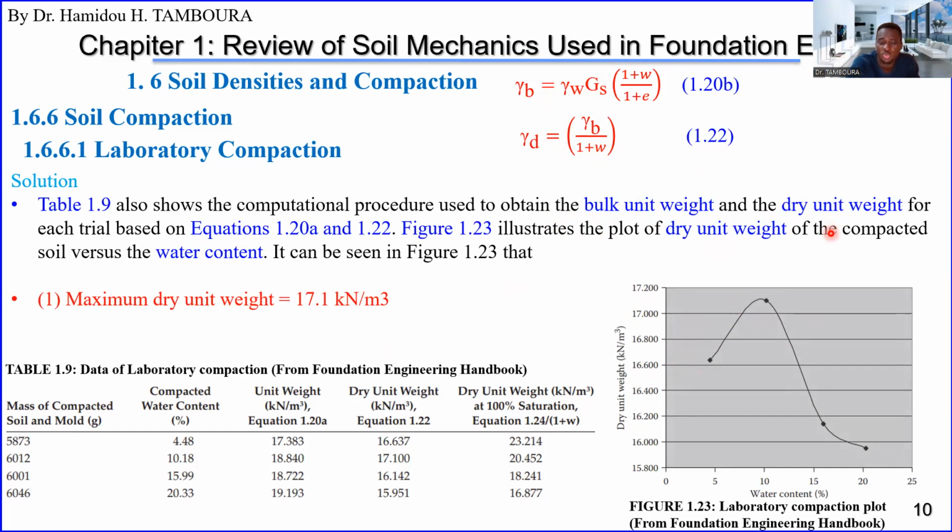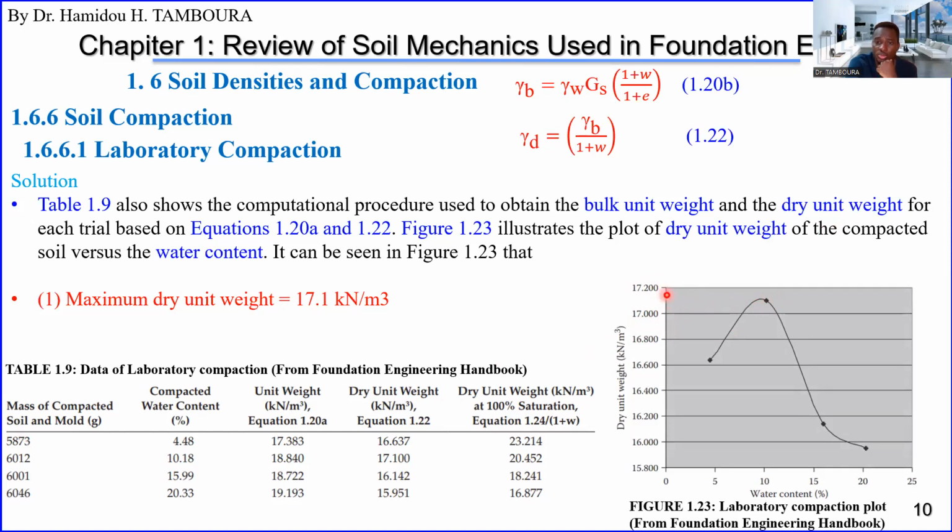The maximum dry unit weight, by reading this, is about 17.1, because here is 17.0 and here is 17.2, so it is in the middle of these two.